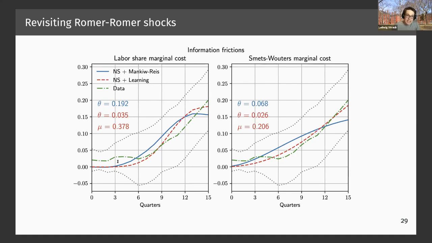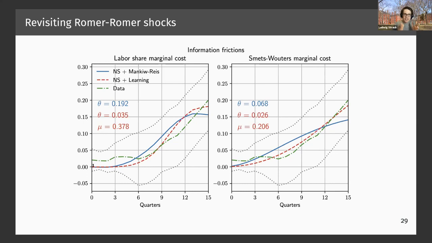Basically what works really well in these information rigidity models is that you really nicely get the sluggish response of the price level to the shock. And the magnitude you can also get matched, which is much, much smaller than what you get in a menu cost model without these frictions.